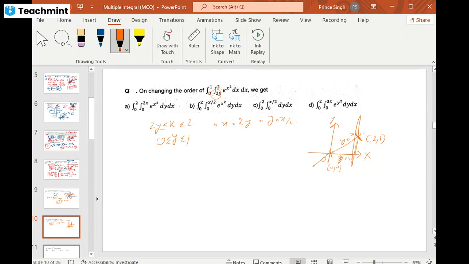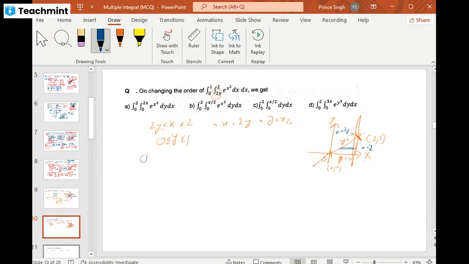Now if we see the limit of x, because x is given in variable form, the limit of x starts from the line x equal to 2y to x equal to 2. The value of y varies from 0 to 1. This is the limit of integration we are given.